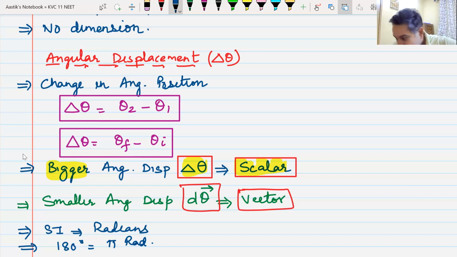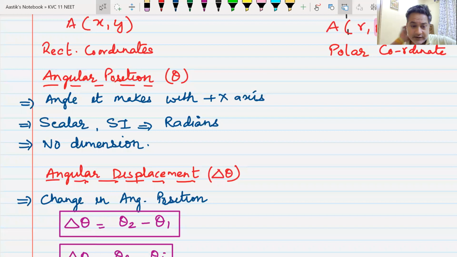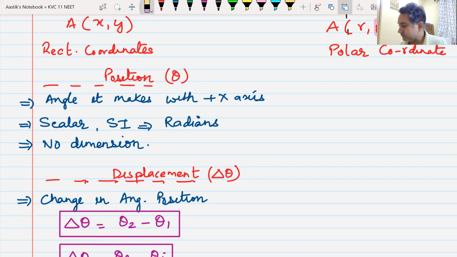Okay. Now, as soon as we have introduced these two terms, angular position and angular displacement, if I just take this angular thing out from both of these, it becomes position and displacement. Have you heard this term, position and displacement?